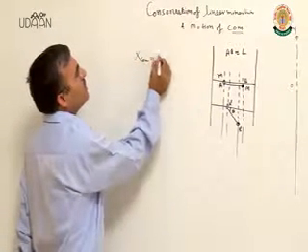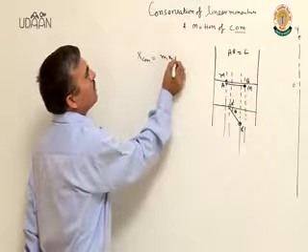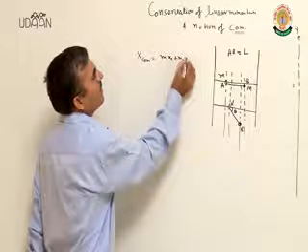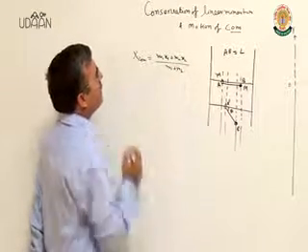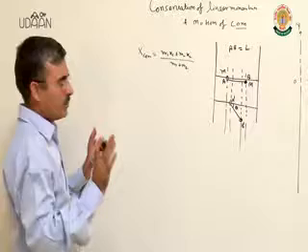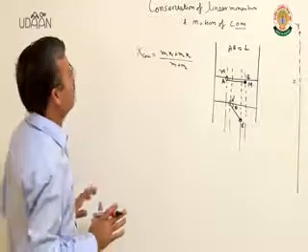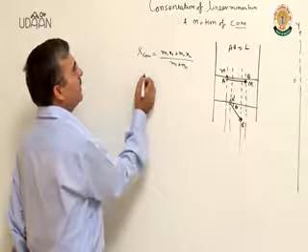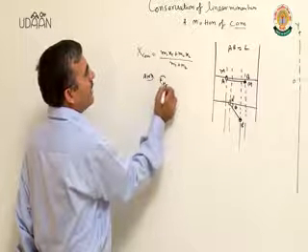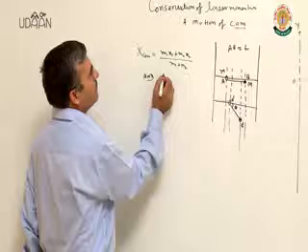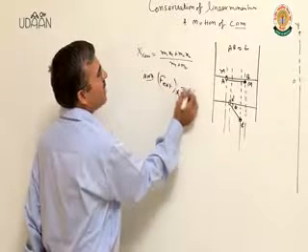For example, x_cm is (m1 x1 plus m2 x2) divided by (m1 plus m2). Suppose we take a two body system and F external along the x-axis is 0.